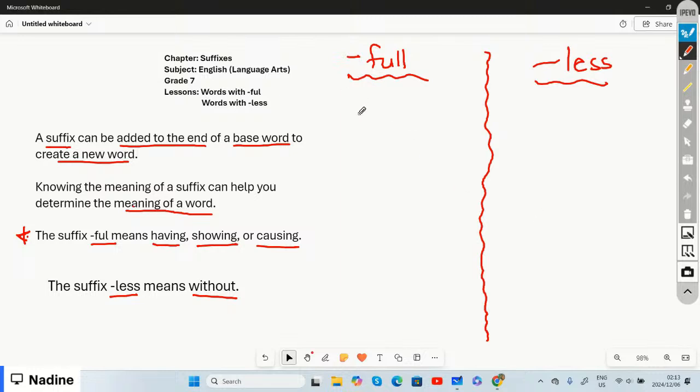And if we look at the first word, look at the word meaningful. If something is meaningful, right?